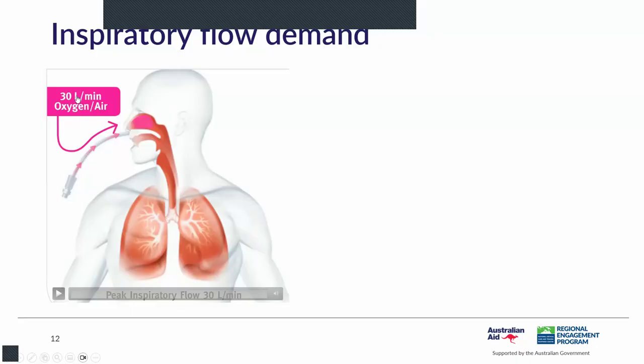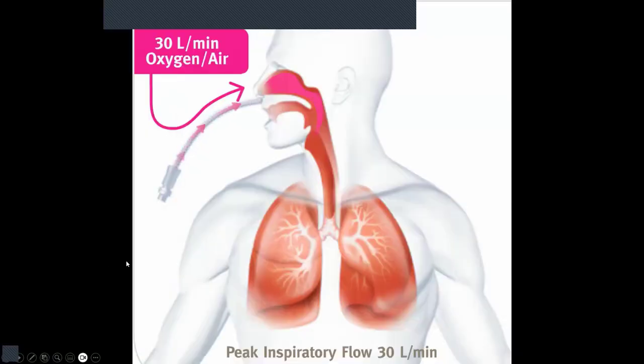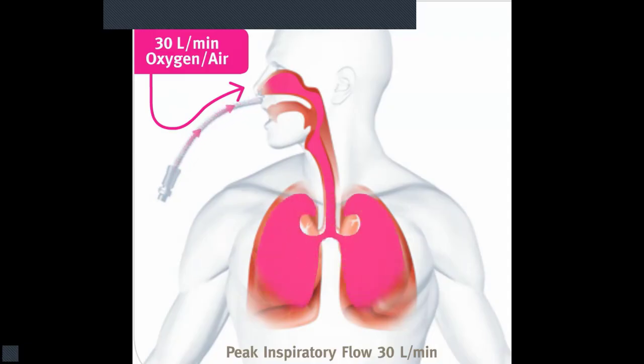So this 30 litres a minute matches his inspiratory flow demand, so they don't have to find any extra flow from the atmosphere. So let's see what happens to the oxygen being delivered to the lungs now that the patient is on high flow. A huge difference.